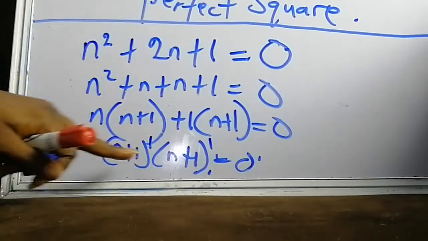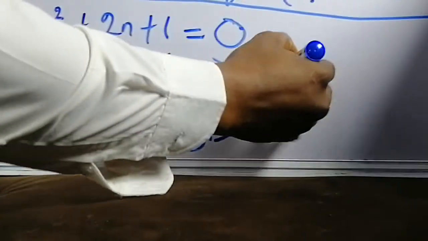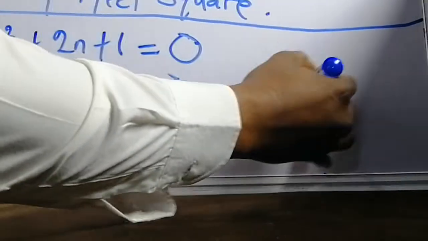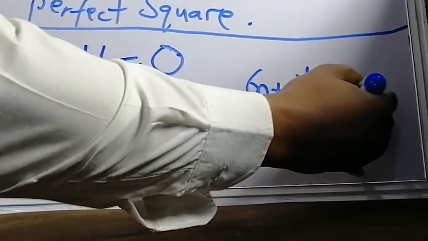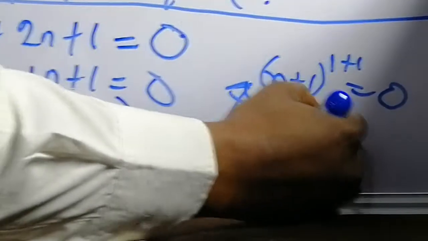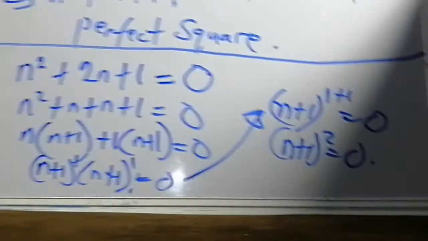So I pick the base and add the power, which shows that it's a square. So n plus 1 squared equals 0. It's just to verify that this is a perfect square. This is what they're looking for. You understand? It's a perfect square.